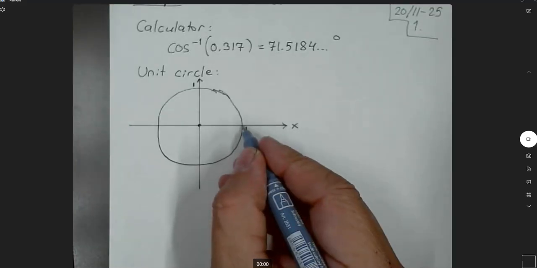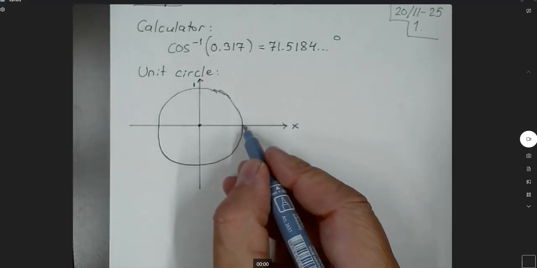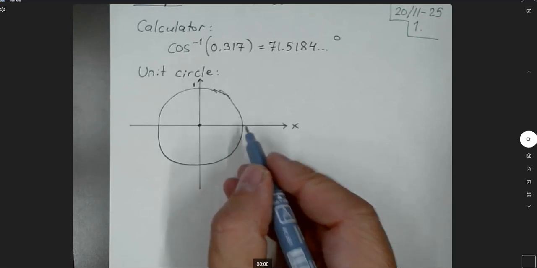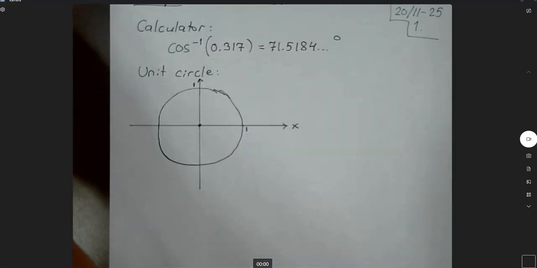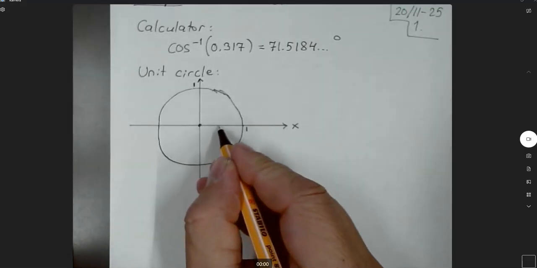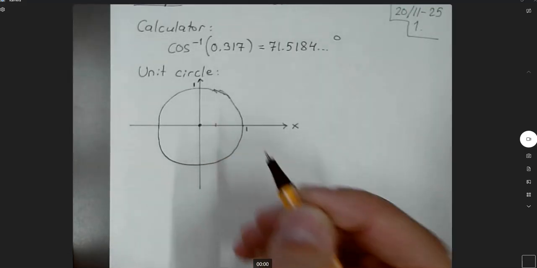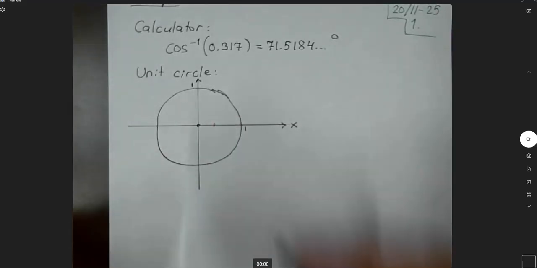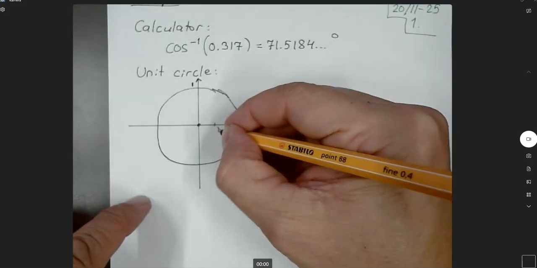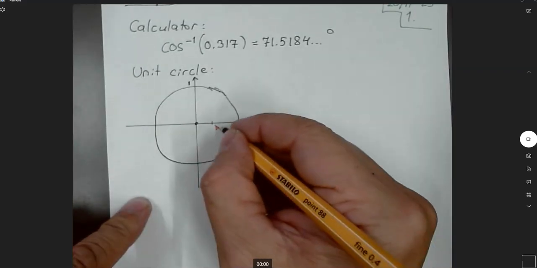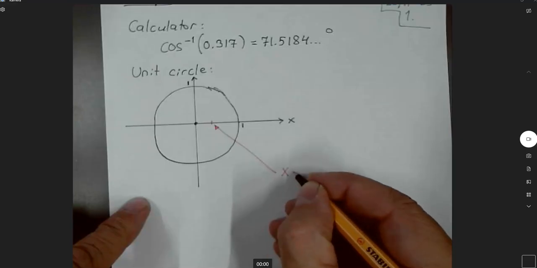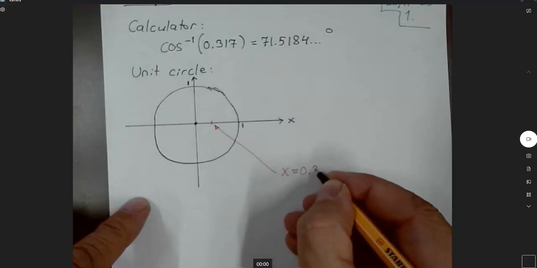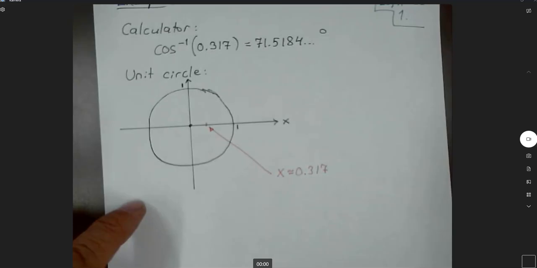This is the place where the x-coordinate equals 1 unit. So the 0.3 is about here. I should have drawn a bigger circle, but I will use my arrow here, and I will show that x is approximately this.